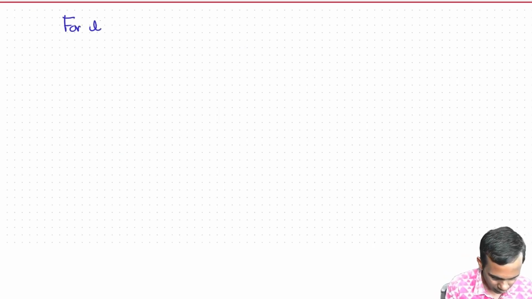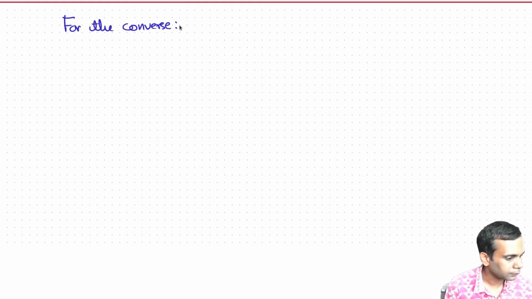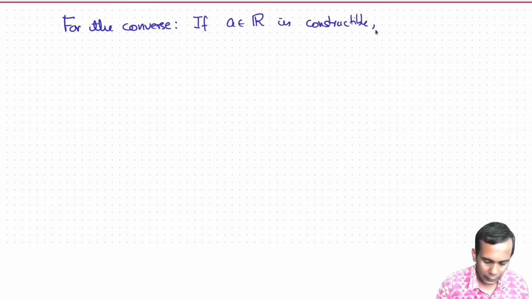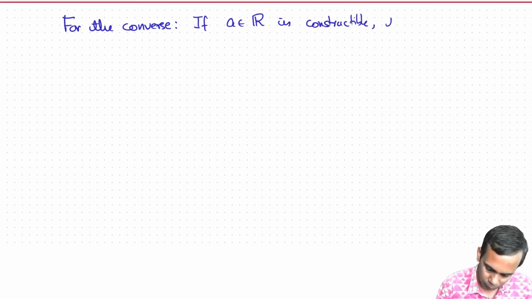So for the converse, if A in R is constructible, then it is the distance between two constructible points.